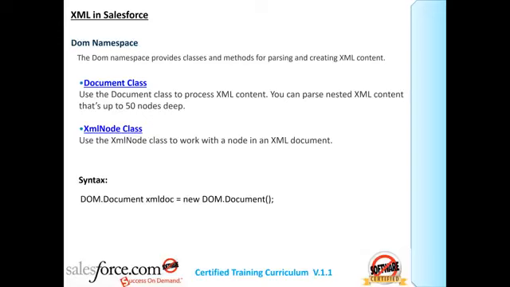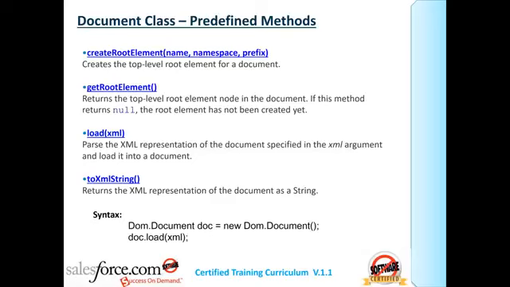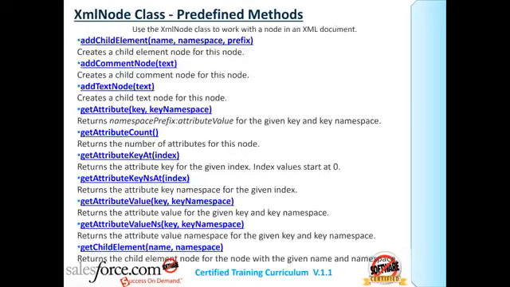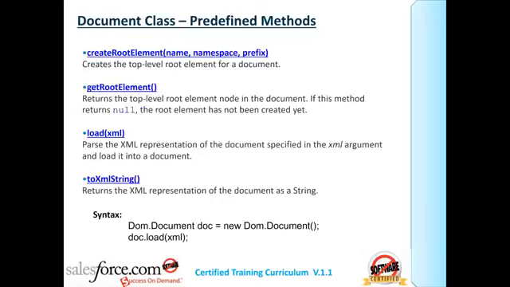Next. All the nodes are defined in the XmlNode class. Now let's understand what is the Document class. In the Document class, we have four methods. What are those? createRootElement, getRootElement. Create is serializing.